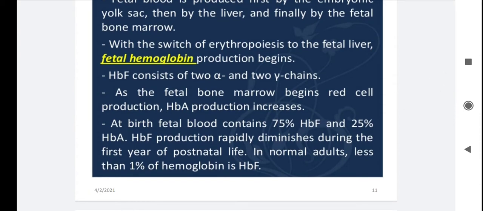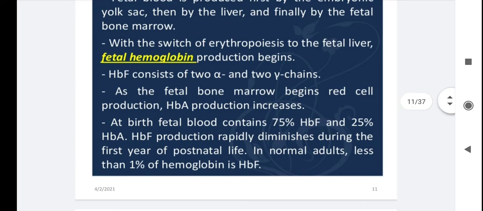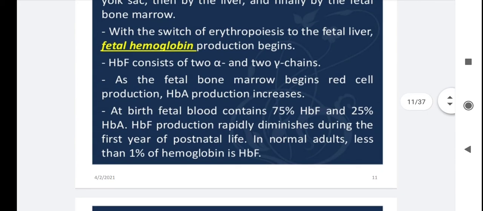At birth, fetal blood contained 75% HbF and 25% HbA. HbF production rapidly diminished during the first year of postnatal life. In the normal adult, less than 1% of hemoglobin is HbF.